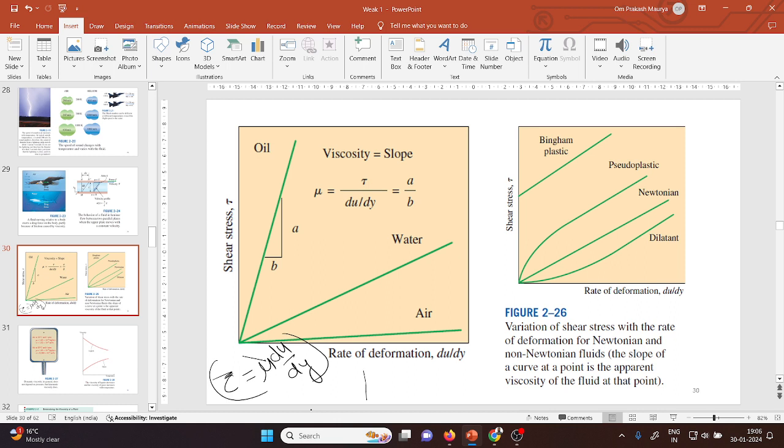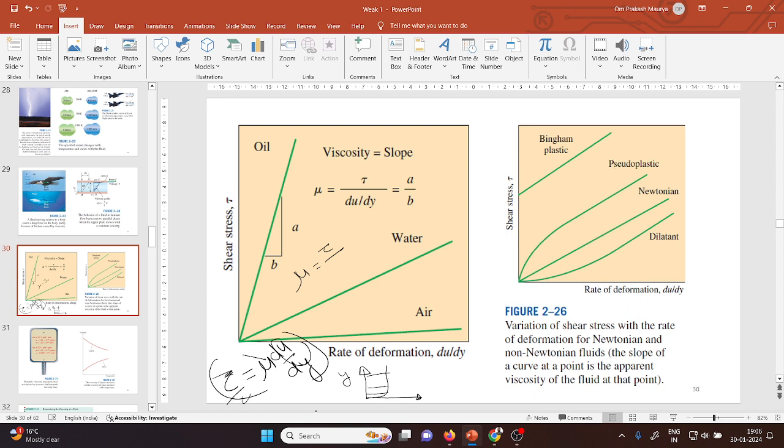Let me draw this for your understanding. If this is the y direction, this is how the velocity is changing. Here the velocity is this much, here it is more, and here it is more. So mu equals tau divided by du by dy.